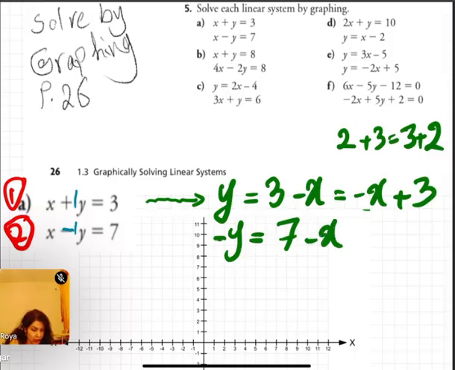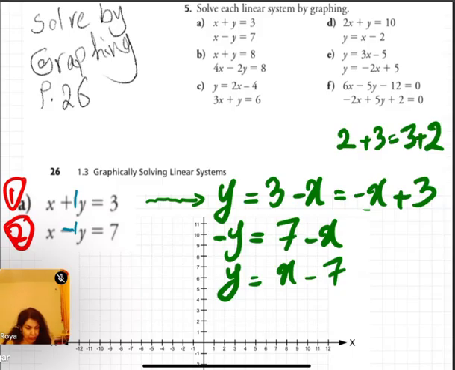I move x over to the other side. And if you multiply both sides by negative 1, because negative times negative is positive, the answer is going to be y equal to x minus 7.